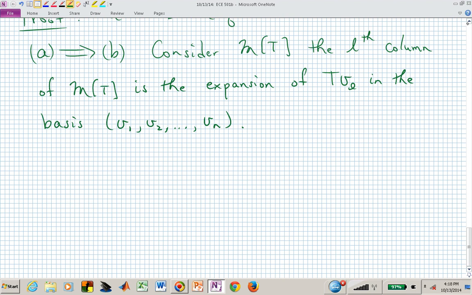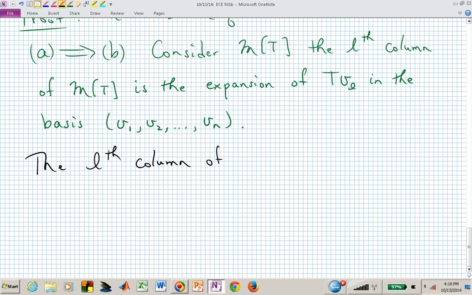But if A is true, then statement A said our matrix is upper triangular. If we have an upper triangular matrix, then the nth column in that upper triangular matrix has a very specific structure.